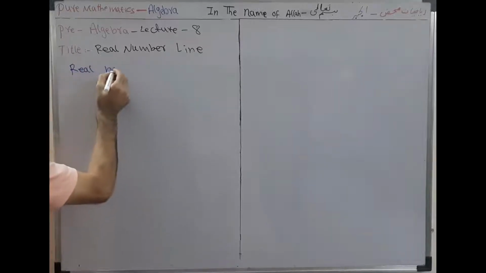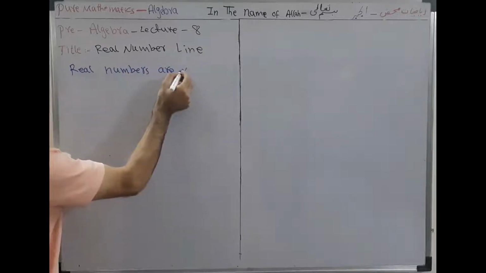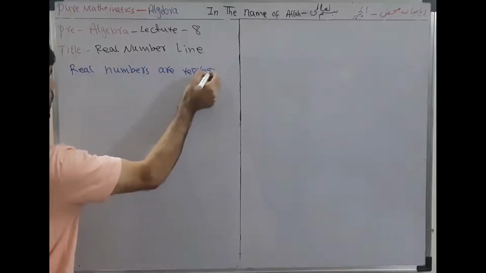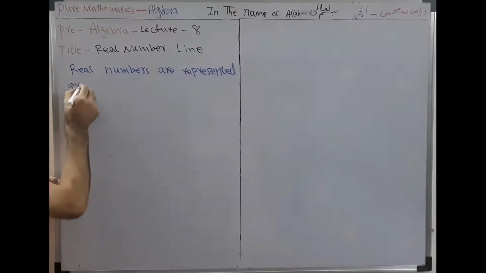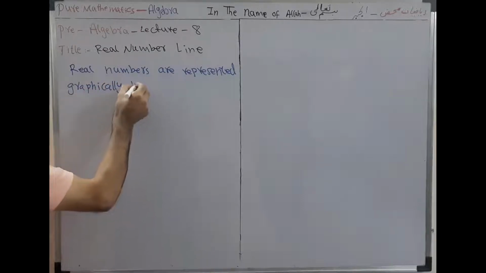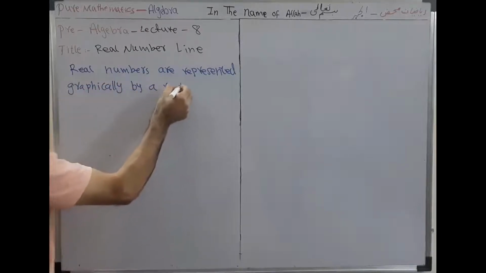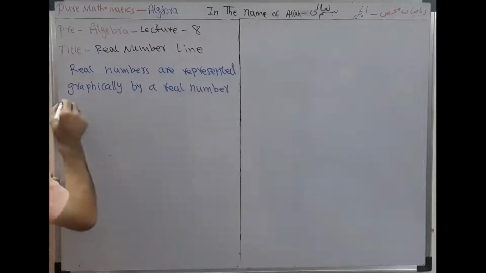Real numbers are represented graphically by a real number line.